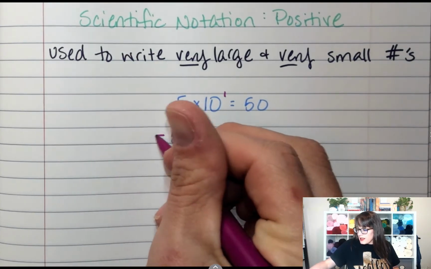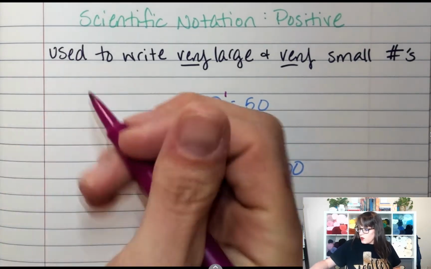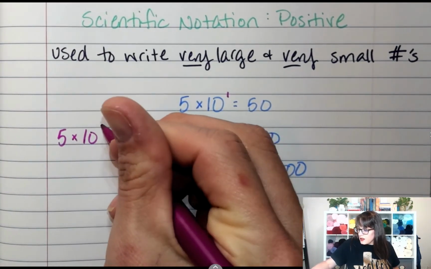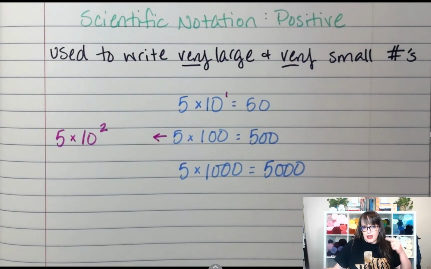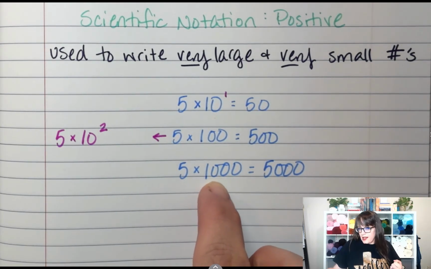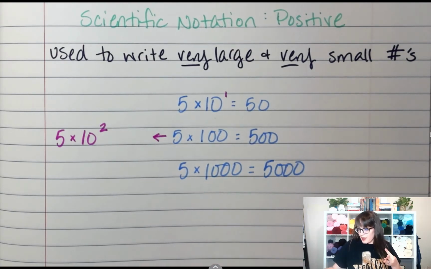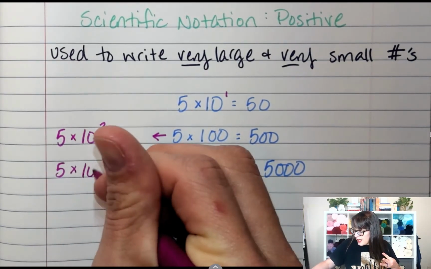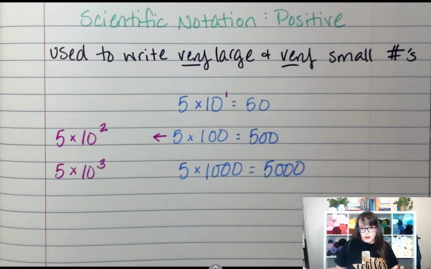So the way to write this in scientific notation would be to say 5 times 10 to the second, because 10 times 10 is 100. So this is going to be 10 times 10 times 10, so 3 times. So this is going to be 5 times 10 to the third.